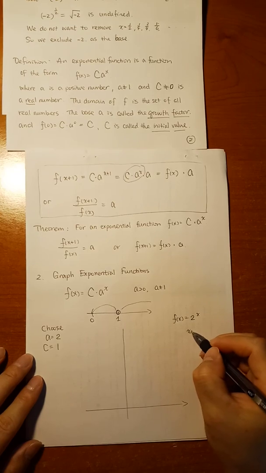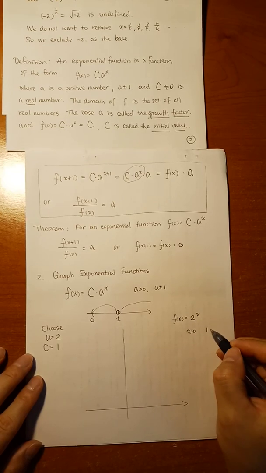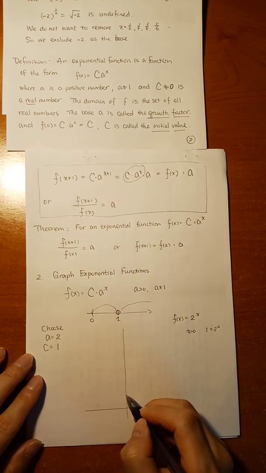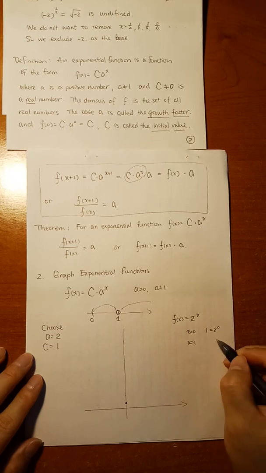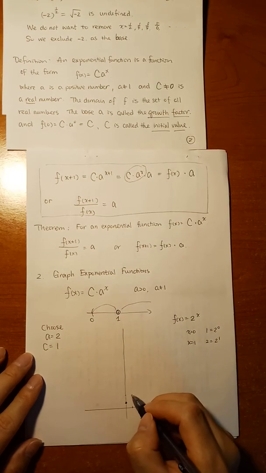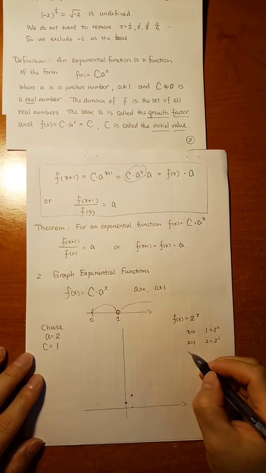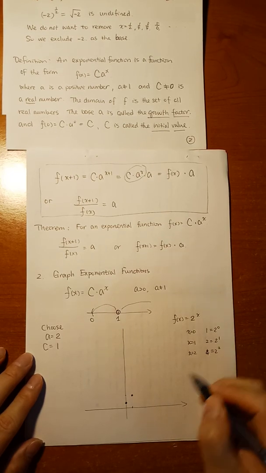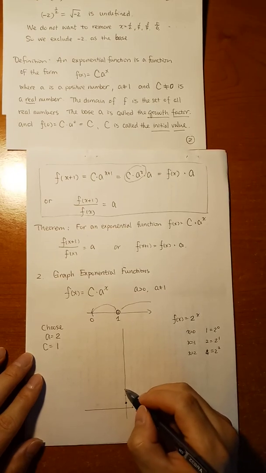When x is 0, 2 to 0 is 1. This is 1. X is 1, 2 to 1 is 2. This is 2. X is 2, 2 squared is 4.